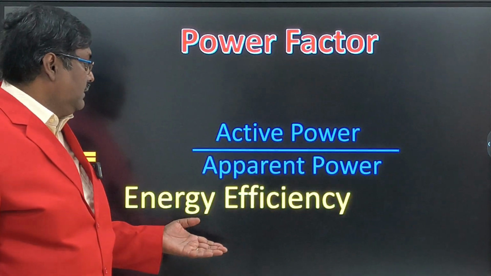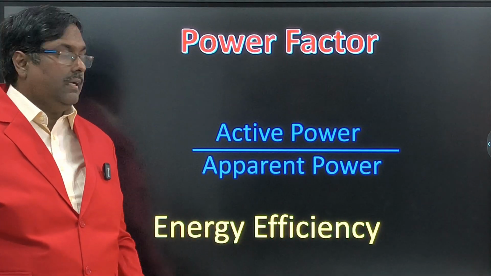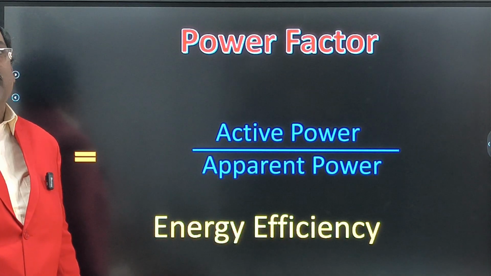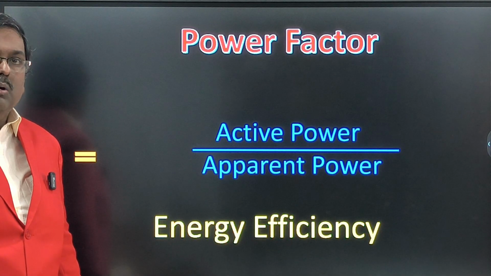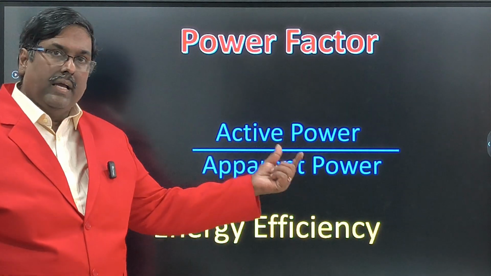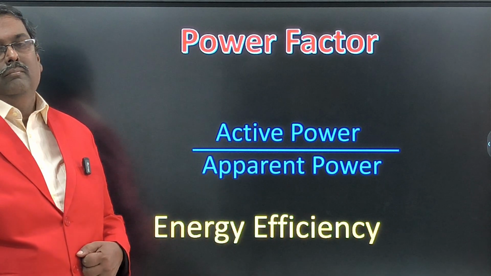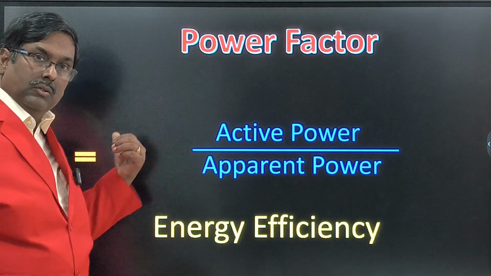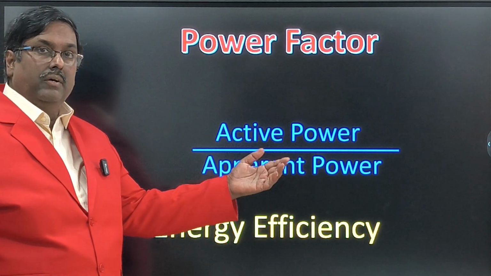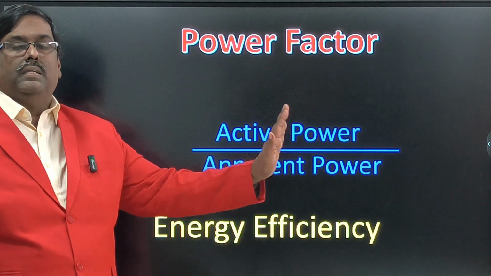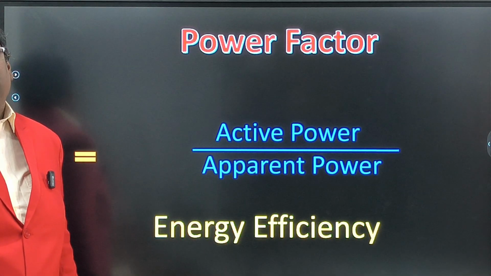This energy efficiency is called power factor, and this total power we are not always adding both, active power, reactive power. The combination of active power and reactive power, we are calling it apparent power. Active power is source to load, reactive power is load to source, apparent power is the total power.